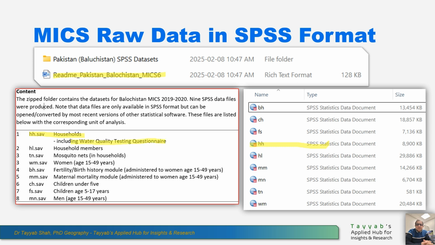And the FS file is another module, which you need to consult if you want to look at children 5 to 17 years. This is the way you need to understand which part of the MICS questionnaire you're going to use, which is related to your research, and how you want to access the SPSS data in that case.